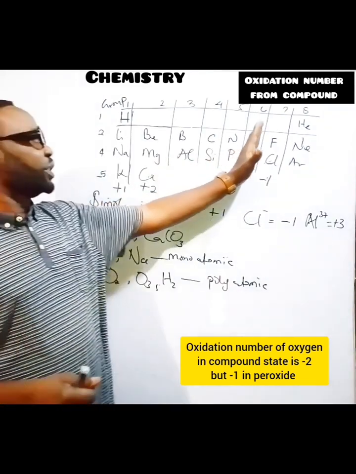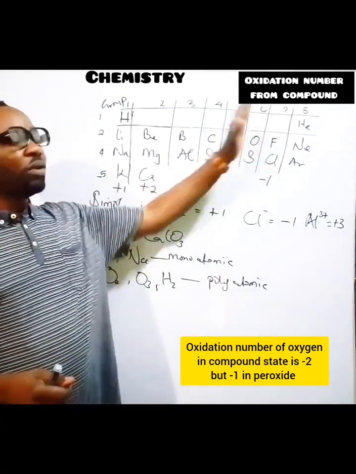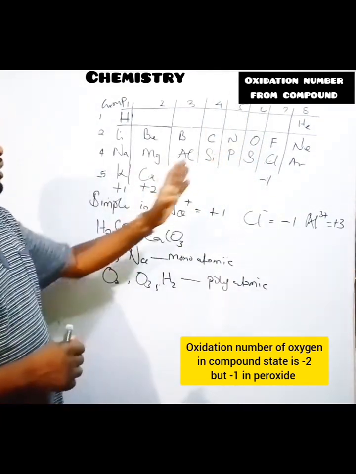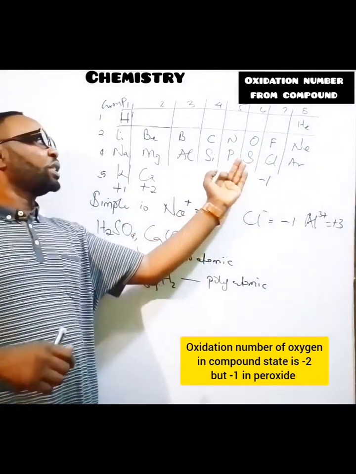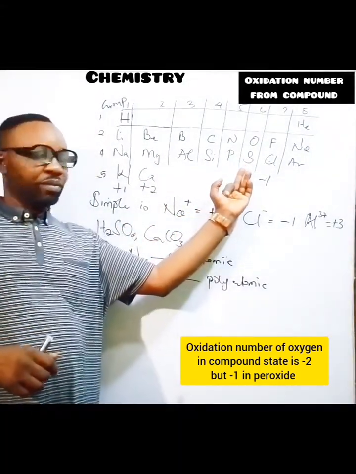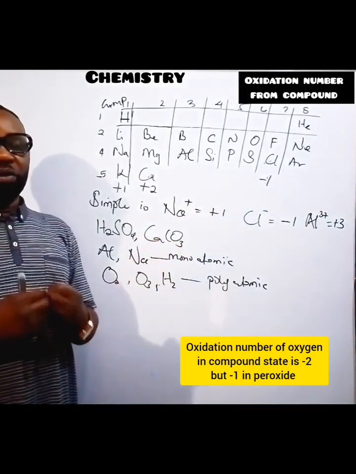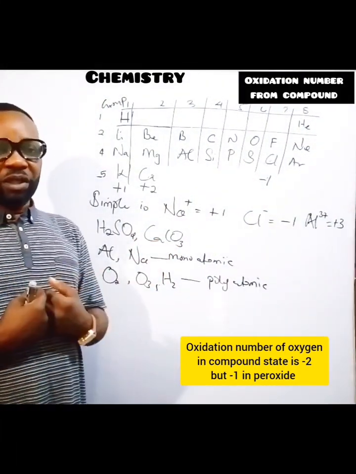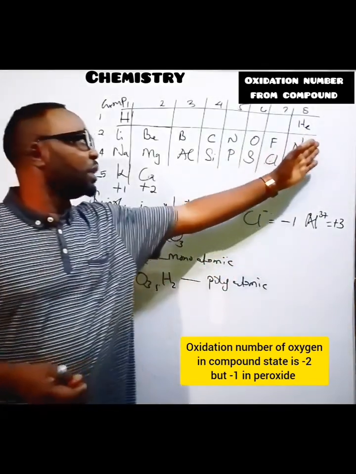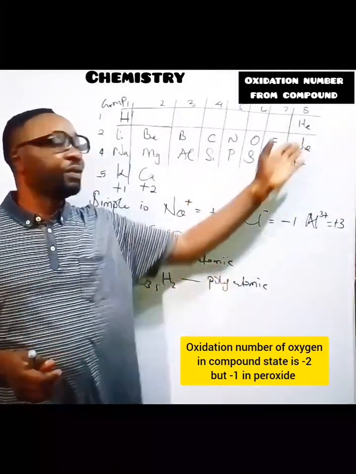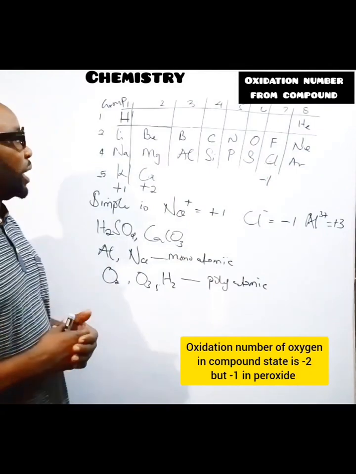The oxidation number of oxygen is -2. Now, if you look at oxygen very well, you discover that oxygen is found in group 6. As oxygen is found in group 6, it will need 2 electrons added to itself in order to attain the octet structure of the rare gases or the noble gases.